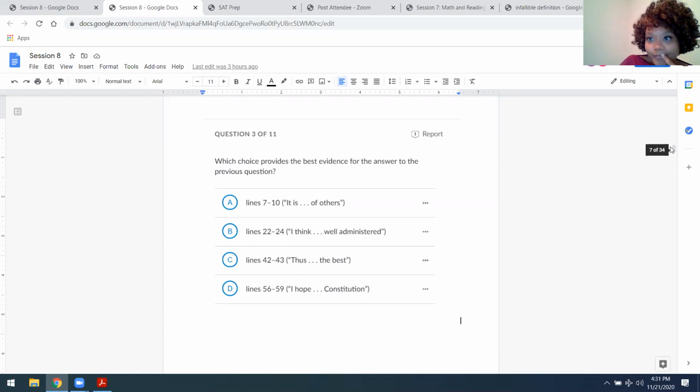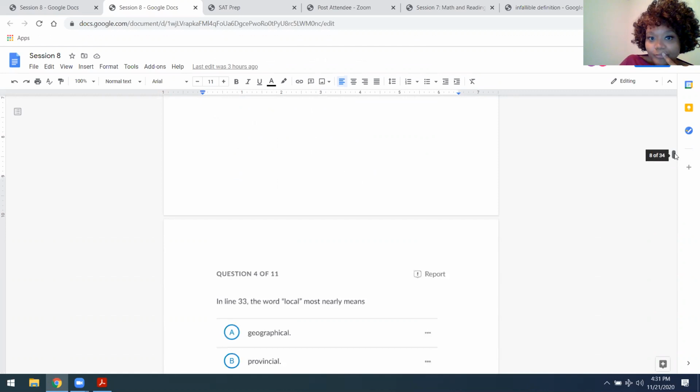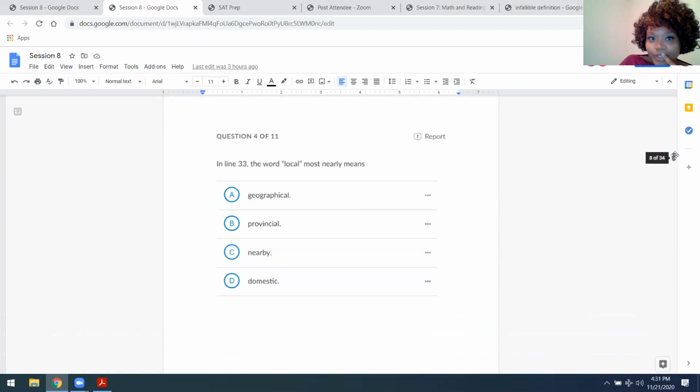Okay. Number 4. In line 33, the word local most nearly means: geographical, provincial, nearby, or domestic. This is tricky, I think.